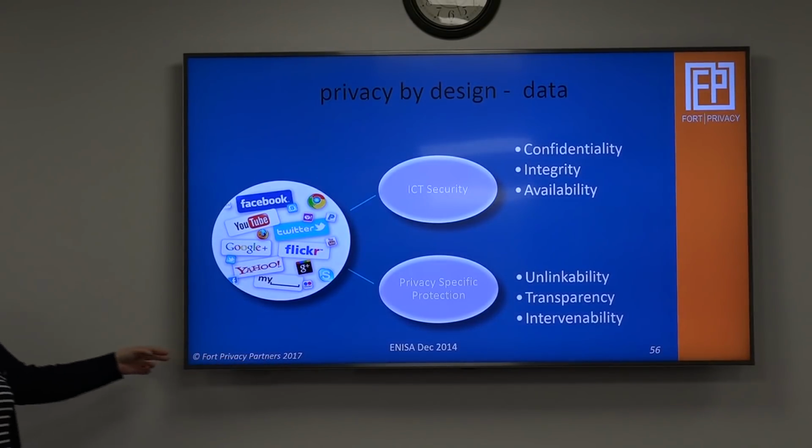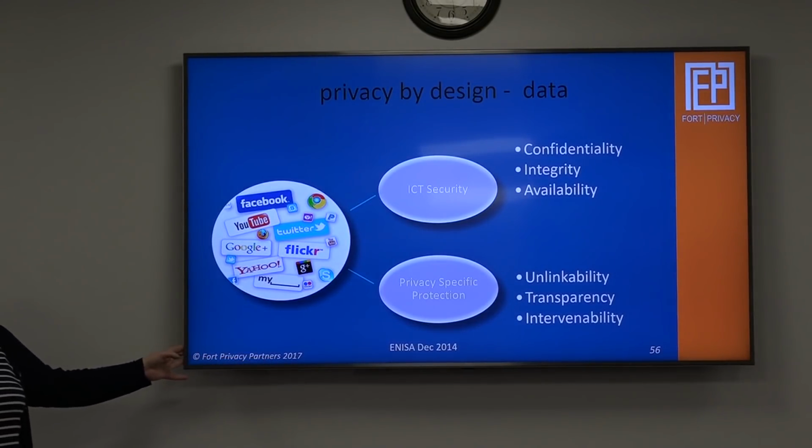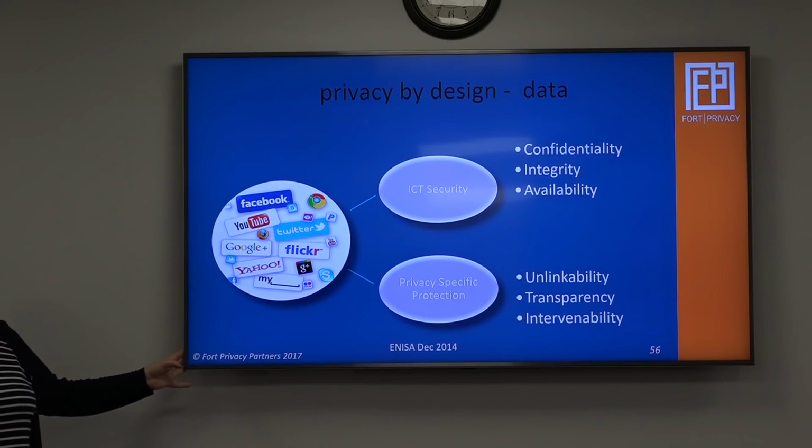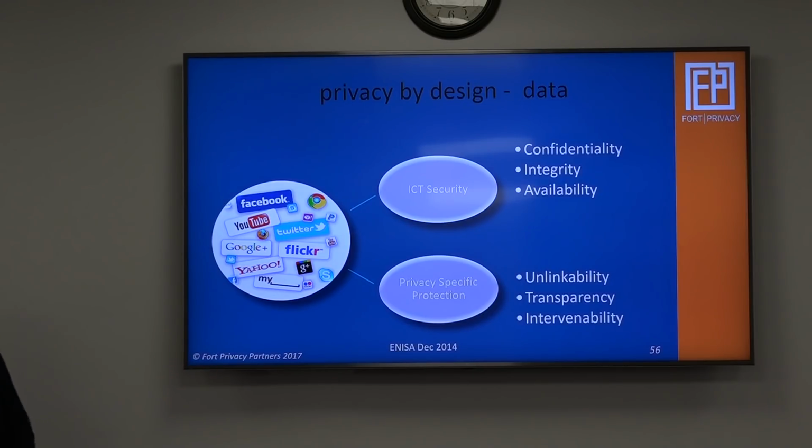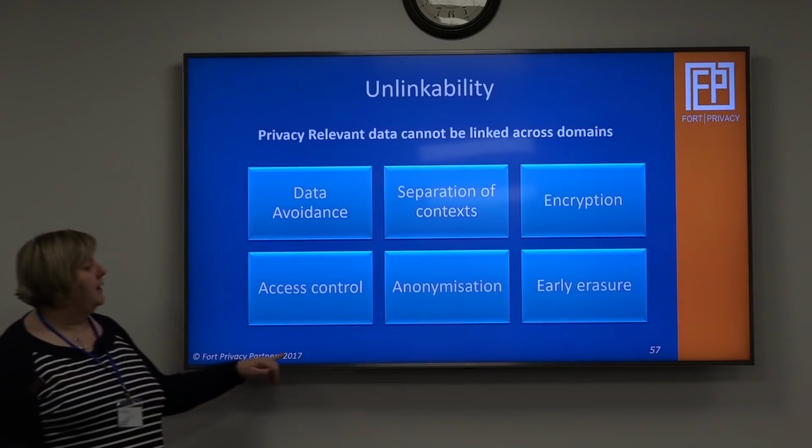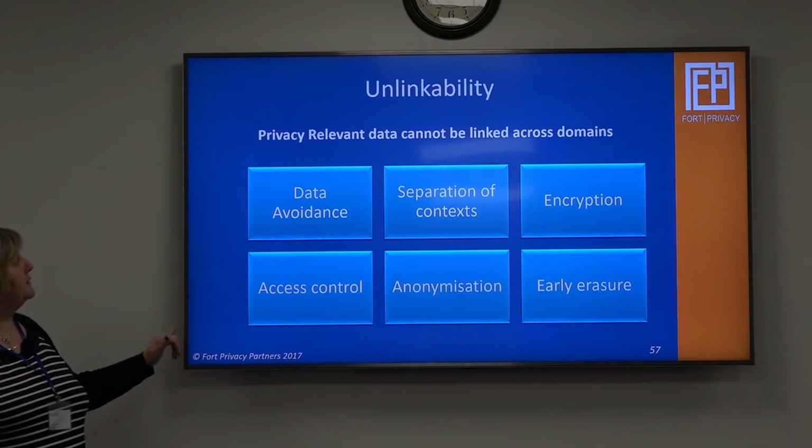It's the best technical resource I've come across. Privacy by design is still a little immature in the technical field. Certainly when you look at ISO 27001 and then ISO 29100, there's a huge difference in the maturity of the practices in there. So that ENISA paper is worth looking at.